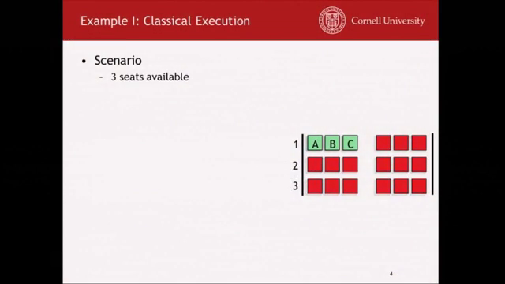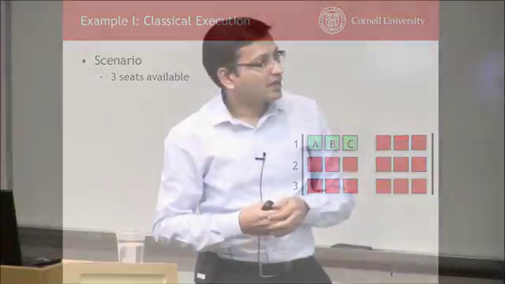Before I talk about how and why lazy execution is good, let me show you how we can execute this transaction in a classical model and why that leads to suboptimal results. Consider the following scenario in which you have a flight with 3 seats available. The available seats are in green. The already reserved seats are in red. So 1A, 1B, and 1C are available.